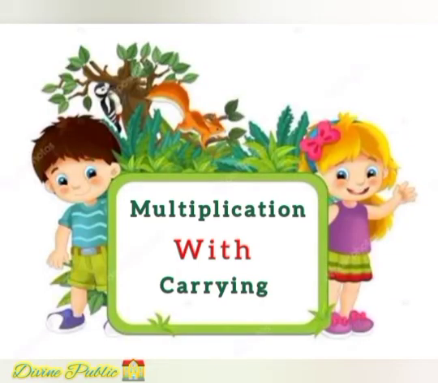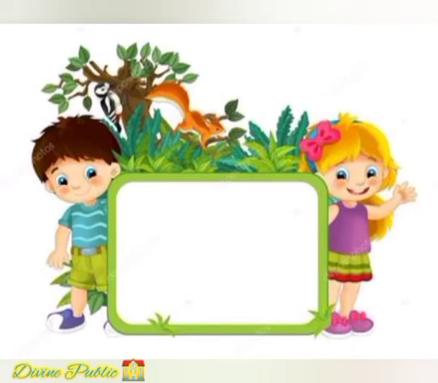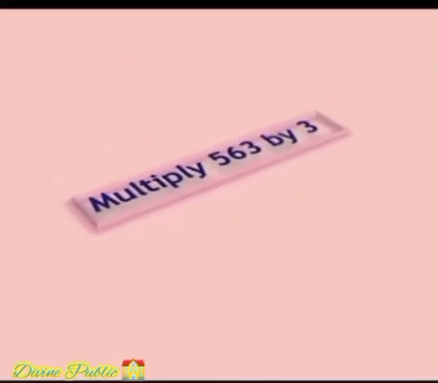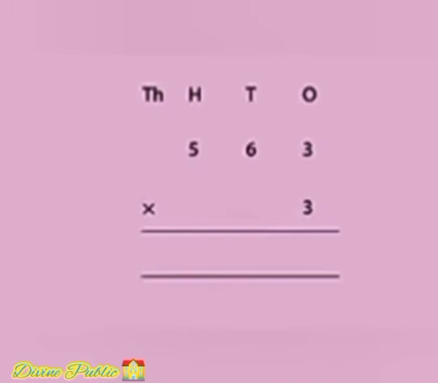Now dear students, let us learn multiplication with carrying. Multiply 563 by 3. Firstly, we will multiply the ones. 3 multiplied by 3 equals 9. Write 9 under the ones column. Then multiply the tens. 6 into 3 equals 18.